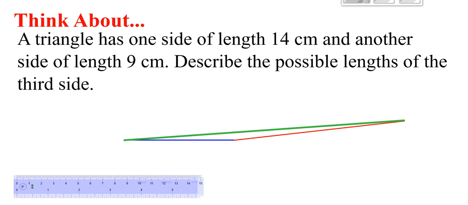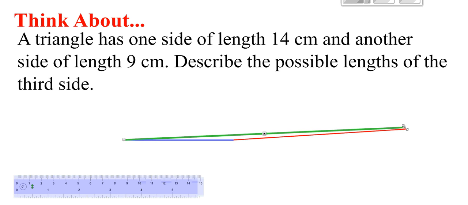Even if the angle between the blue and the red line is 179 degrees, this line segment at most is going to be that green.